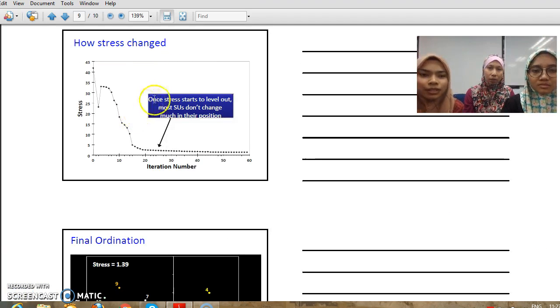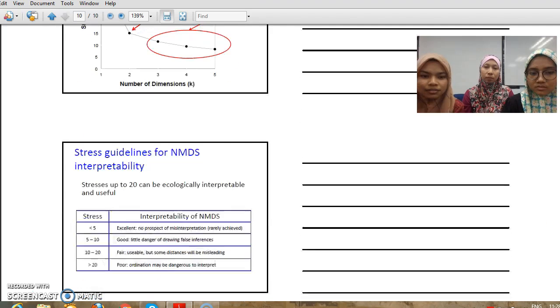Okay, now we want to look at how much the stress changes. To do that, we plot stress versus the iteration number. Once the stress starts to level out, it means the stress gives the lowest value and the iteration will be the lowest too. And then we plot until we can see the final.